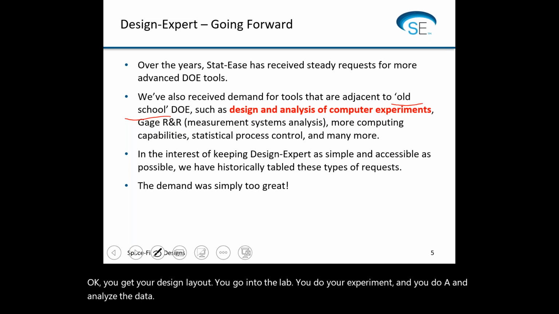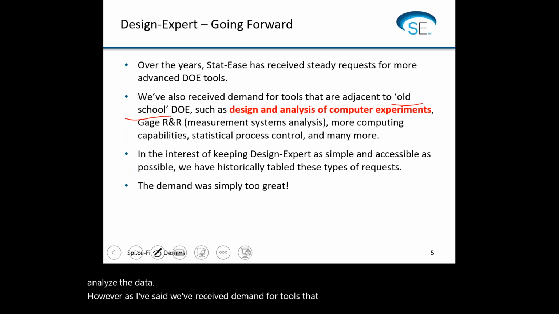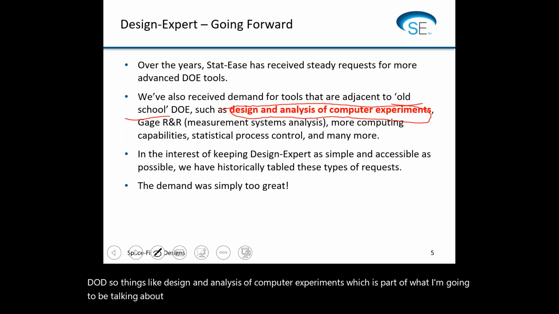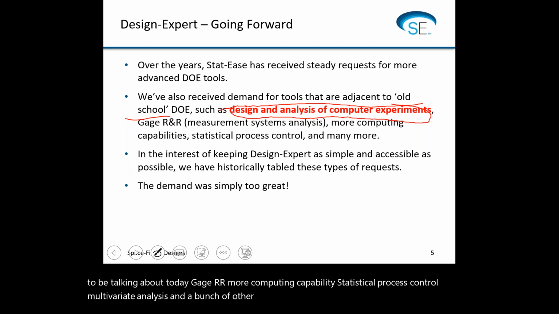However, as I've said, we've received demand for tools that are adjacent to traditional DOE. So things like design and analysis of computer experiments, which is part of what I'm going to be talking about today, Gauge R&R, more computing capabilities, statistical process control, multivariate analysis, and a bunch of other stuff.